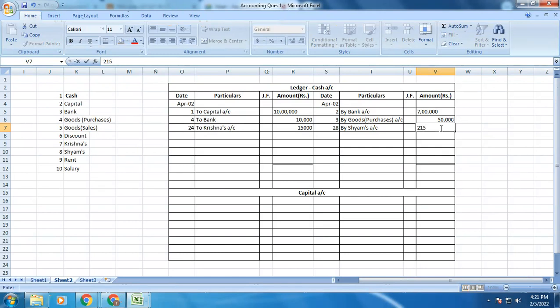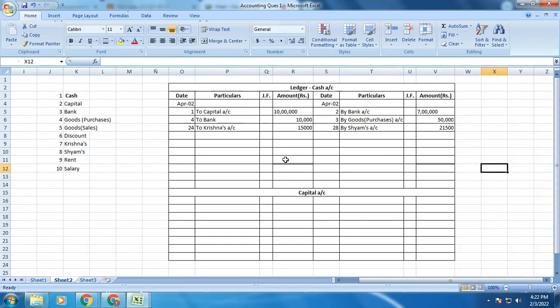So 21,500 is the amount that was credited to the cash account in the journal. So here also you will write 21,500. Sham's account was debited with 22,500, but the balance 1,000 debit was through the discount account. So here you will only write the actual amount of money received or actual amount of money paid.